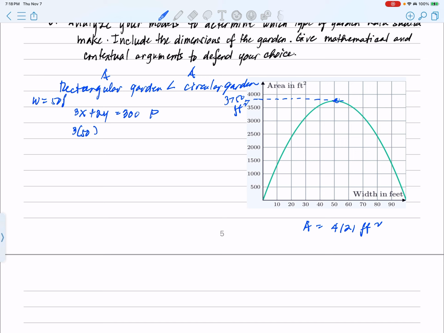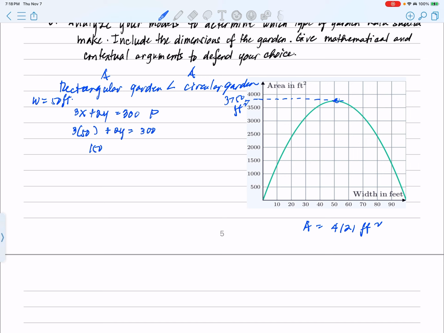So 3 times 50 plus 2y equals 300. So 150 plus 2y equals 300. 2y is 300 minus 150, so 2y is 150. So y is 150 divided by 2. It's 75.